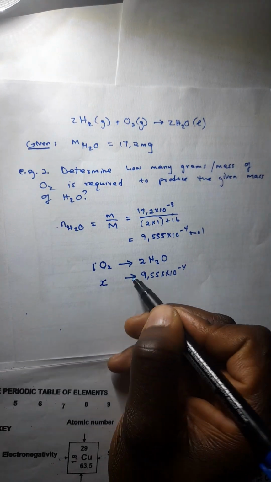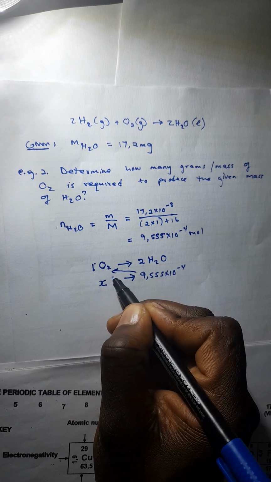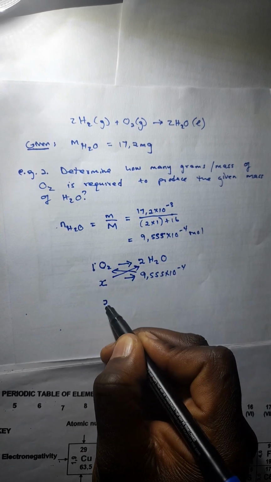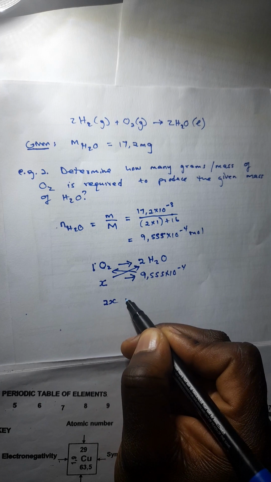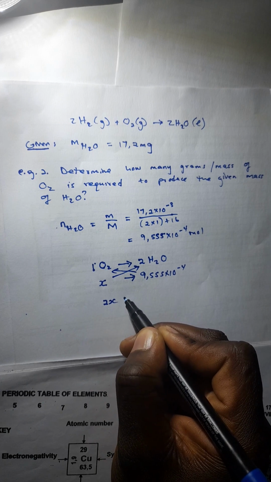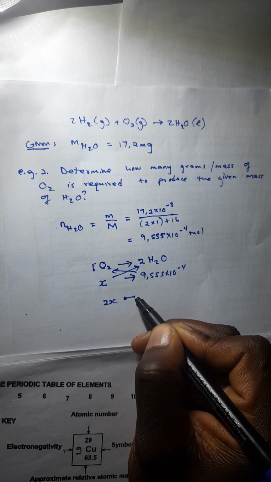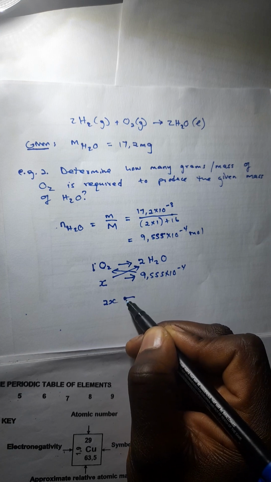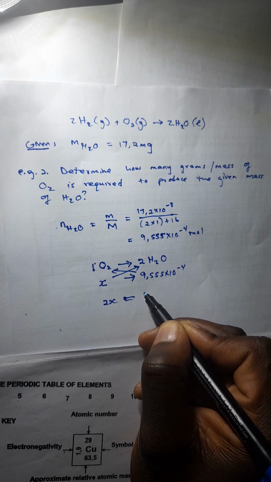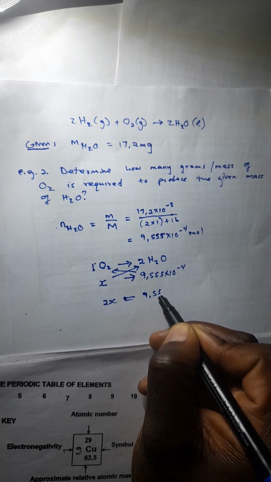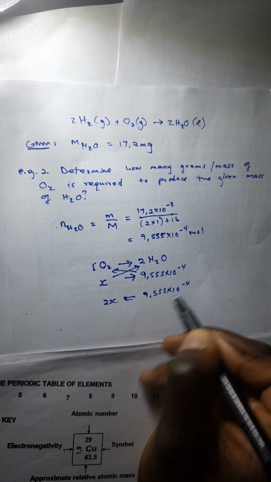And then what do you do? You cross multiply. You can see you're going to have 2x, which will give you 9.555 times 10 minus 4.